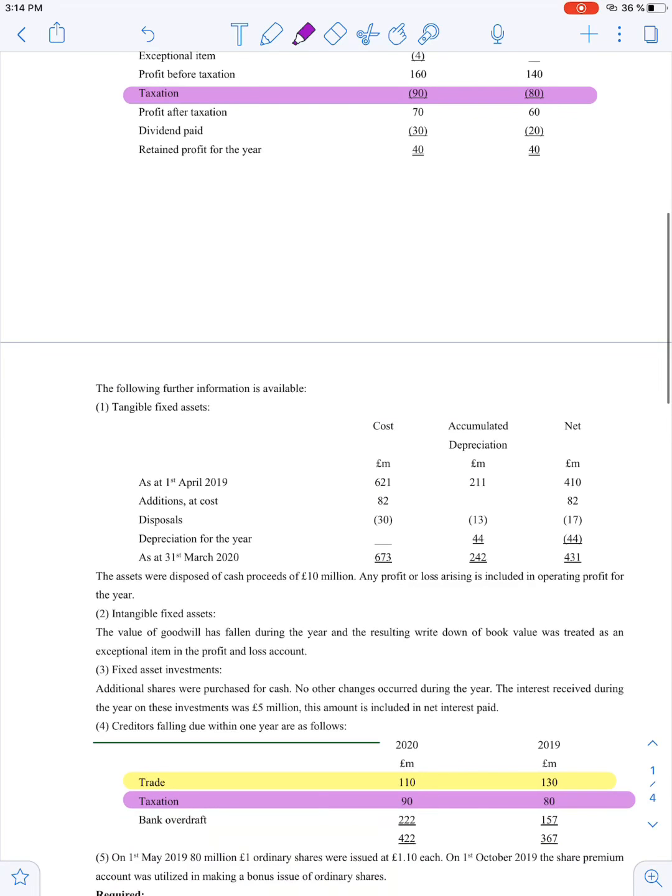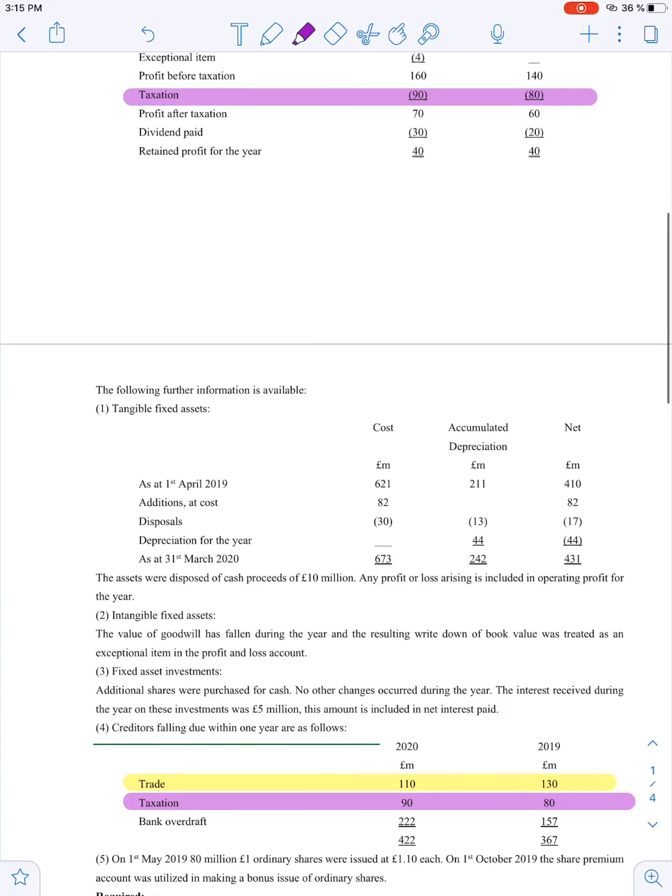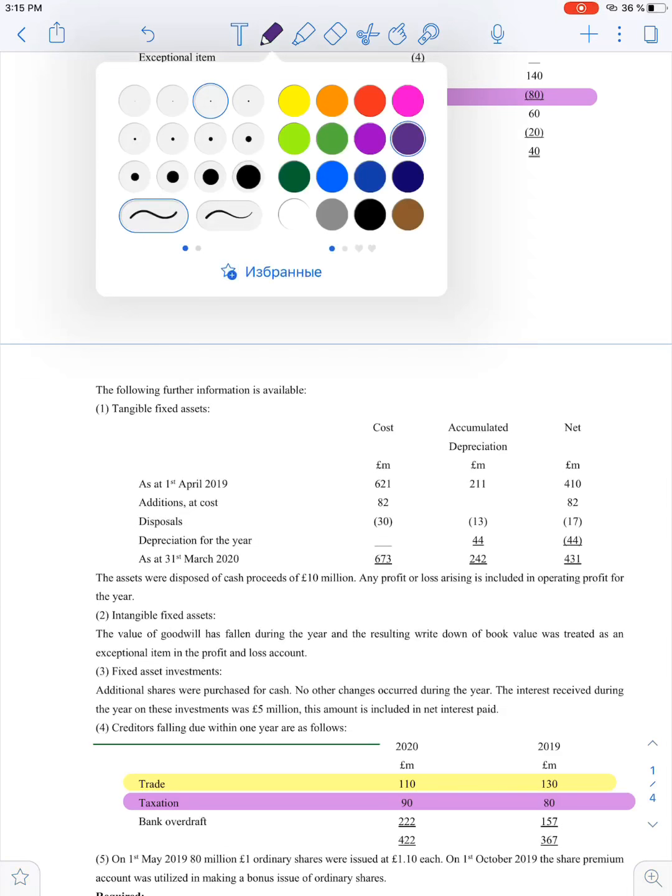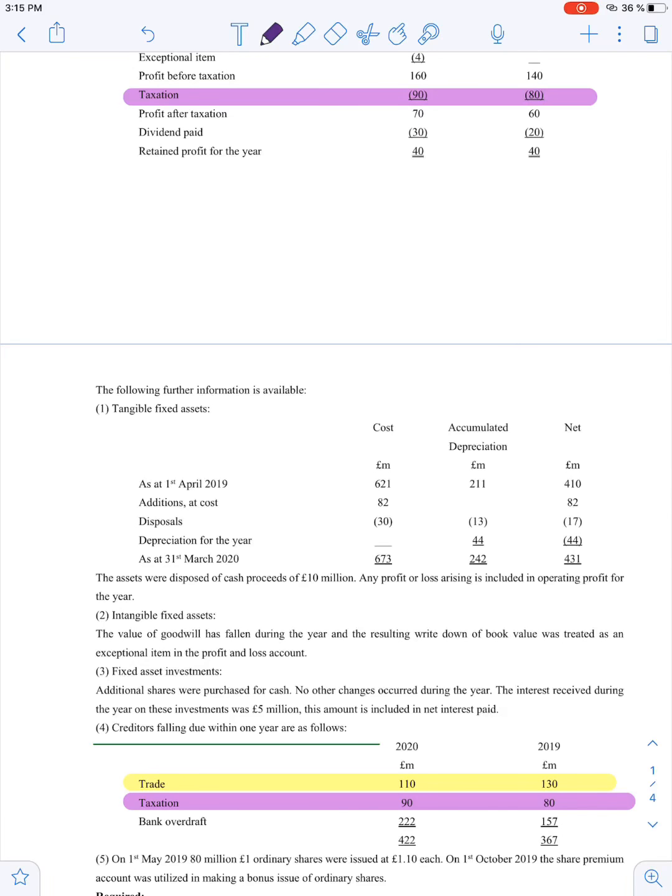So if we want to calculate the tax paid for the period, we have to consider the opening tax liability. At the beginning of the year, the company owed 80. At the end of the page, you can see 80 as tax liability for the taxes from the previous period or periods. So the company owed 80.